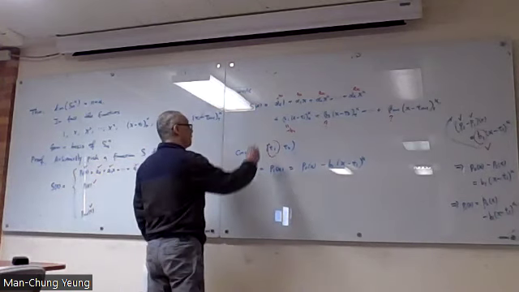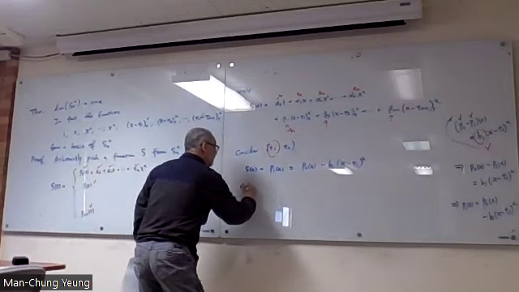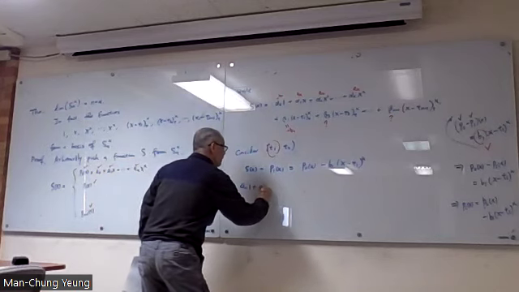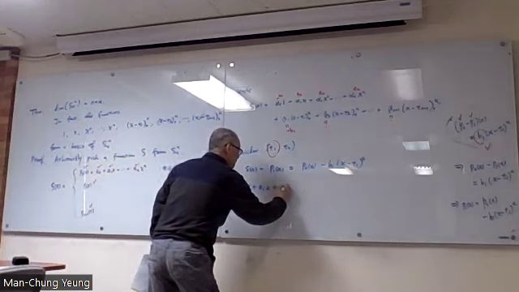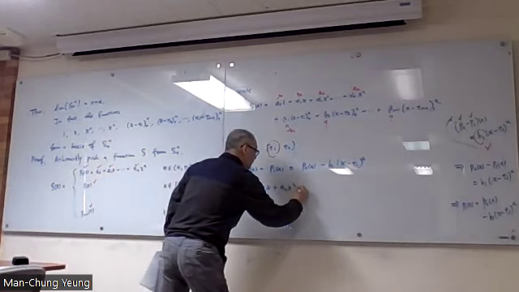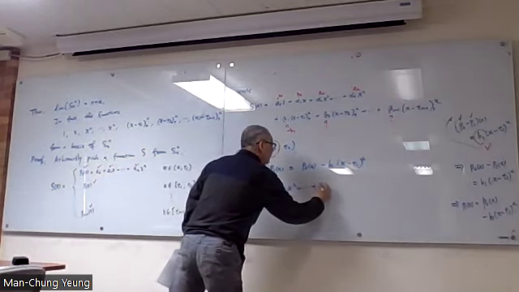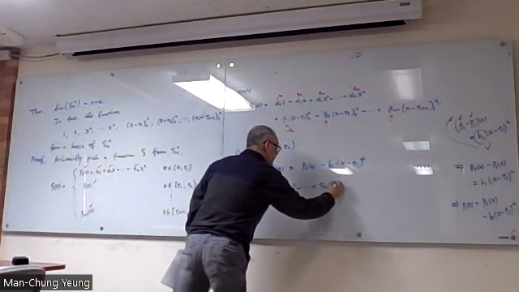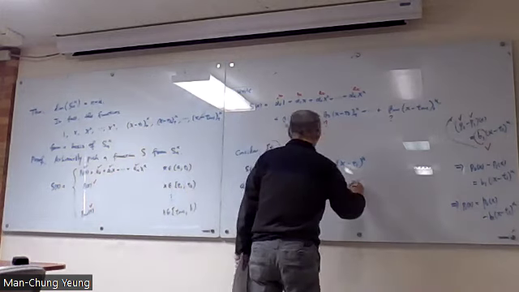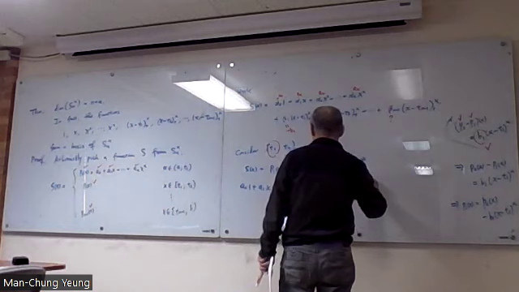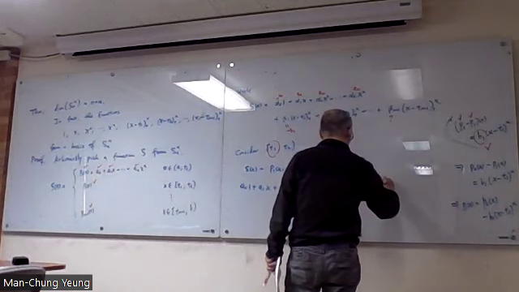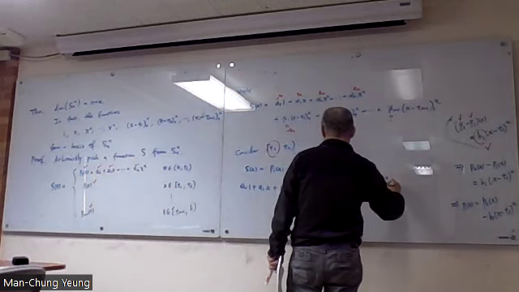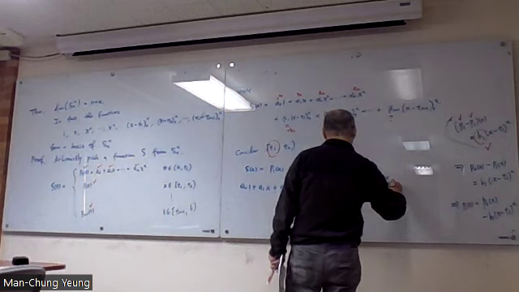Equation of the right side: A0 plus A1 x plus A2 x squared, A k x^k. Then minus B1 (x minus T1)^K.